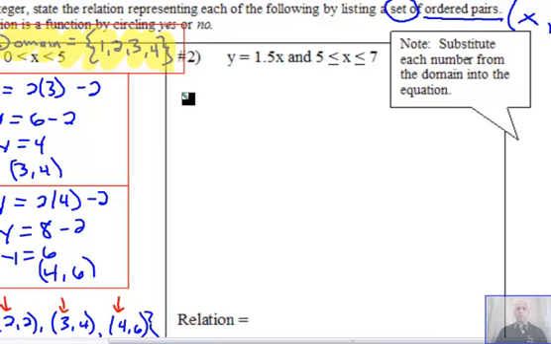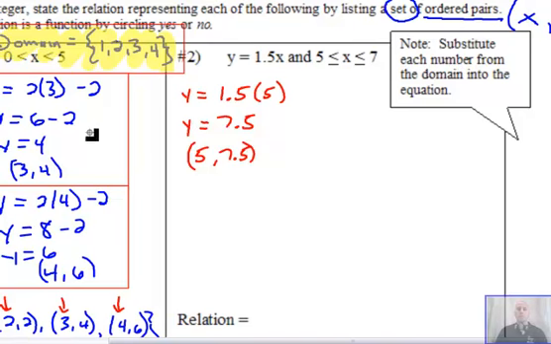So I'm going to take my function, y equals 1.5x, replace the x with a 5. 1.5 times 5 is 7.5. So my ordered pair is 5, 7.5. My next integer is 6.